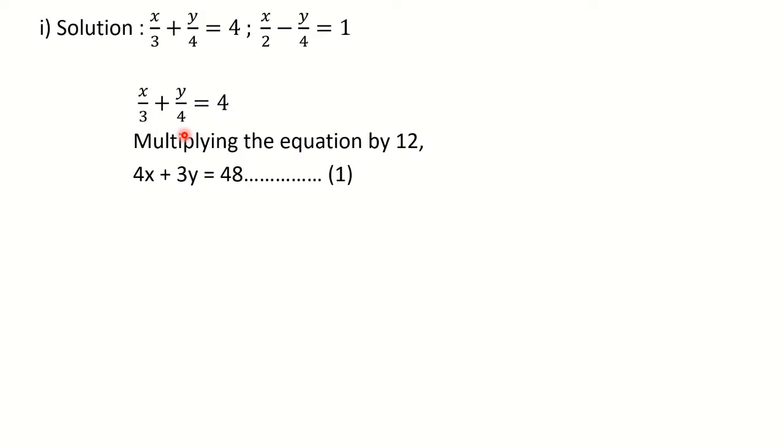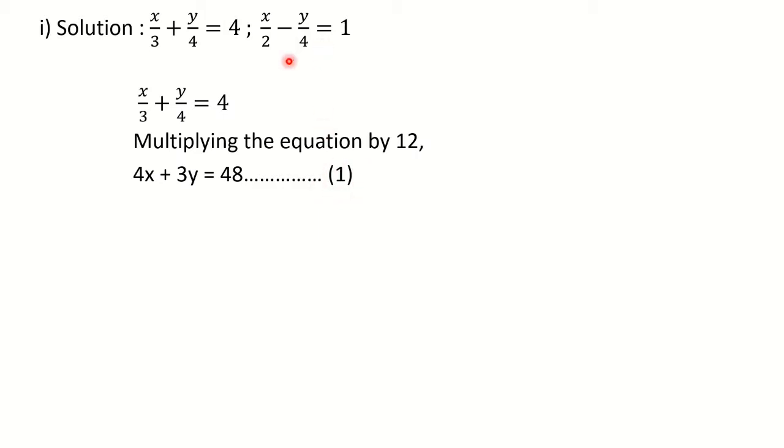So 3 4s are 12 and that 12 if you multiply by 4, you get 48. So either you can multiply the whole equation by 12 or you can go for cross multiplication as you used to do in lower standards. That will also do. Now see, the equation is converted to the simplest form. So we numbered it as 1.